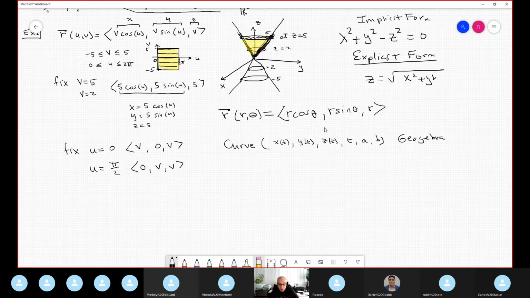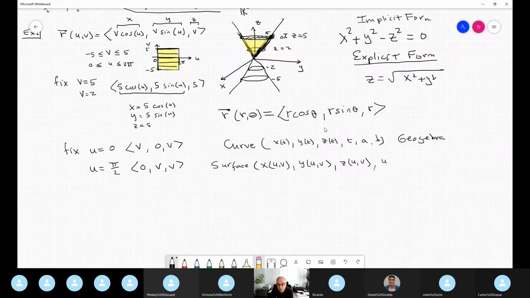By analogy, we have another command called Surface, and Surface is exactly the same. You write the expression for X, but in two parameters. You write the expression for Y in two parameters. You write the expression for Z in two parameters. And you define the domain.